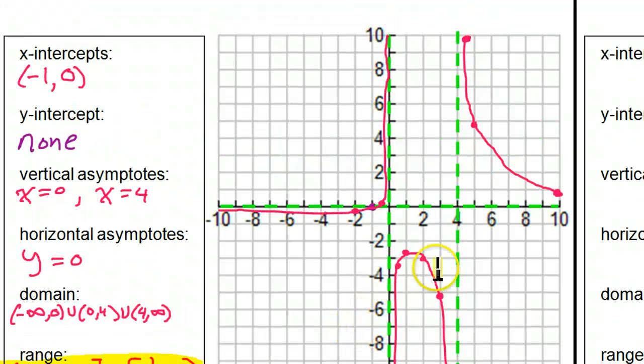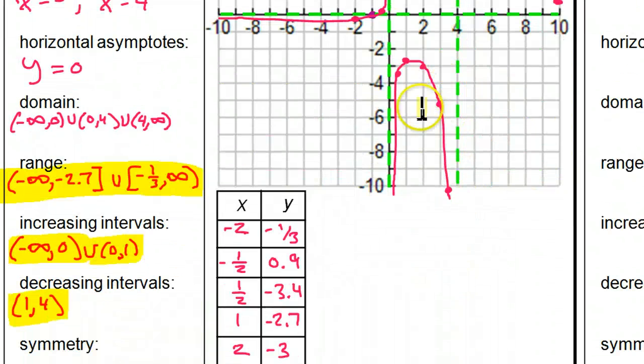And then this last part is decreasing, from 4 to infinity. From 4 to infinity, it's definitely decreasing. That's the one interval I'm not guessing on or estimating, so I'll leave that unhighlighted. But the rest of this, I'm fudging it.